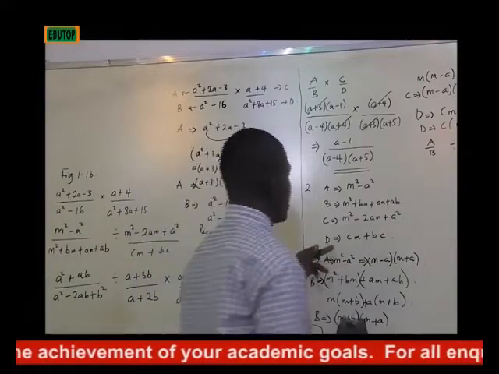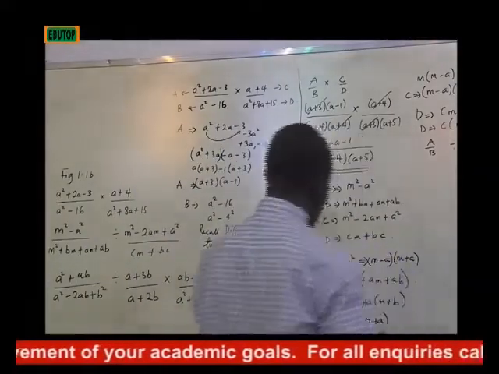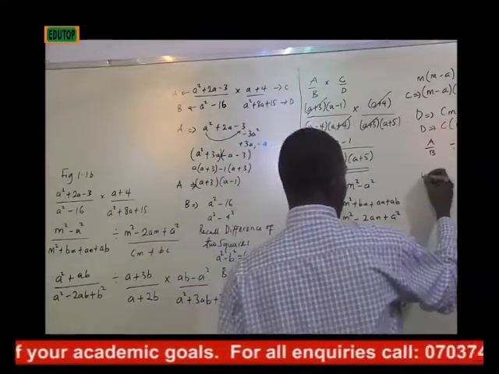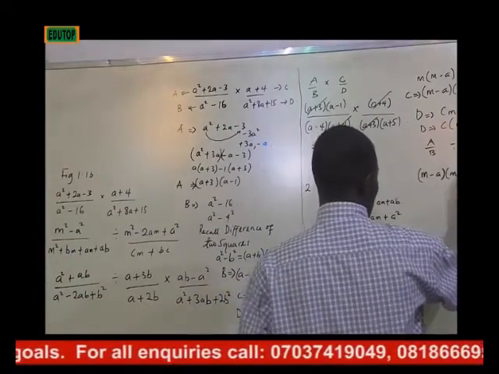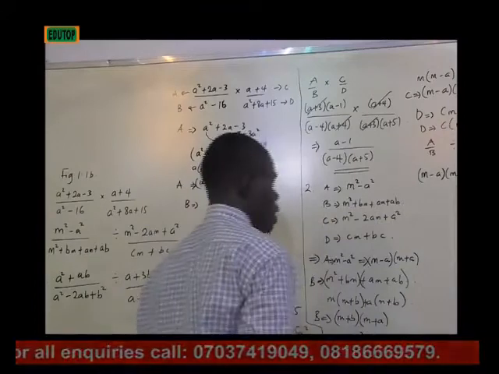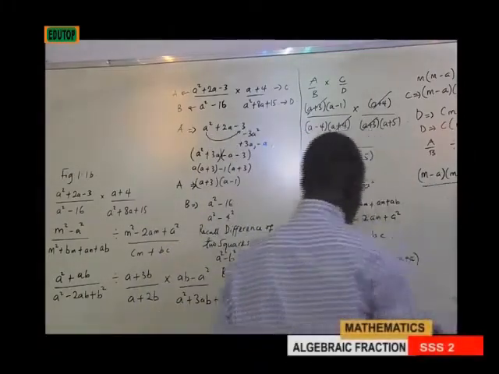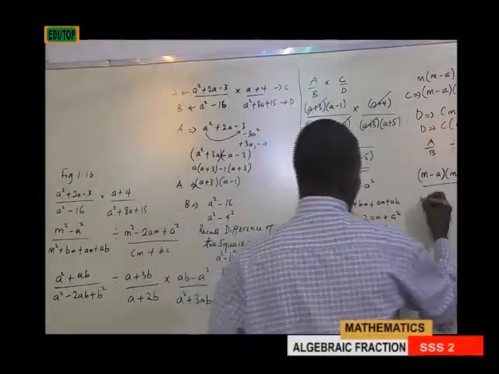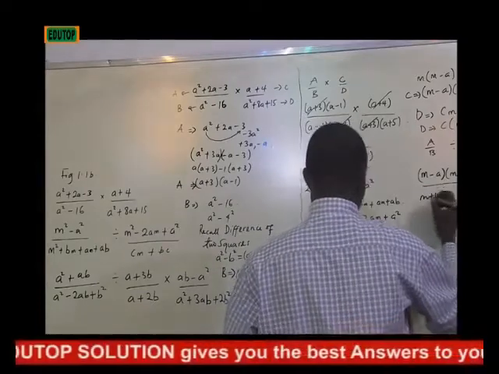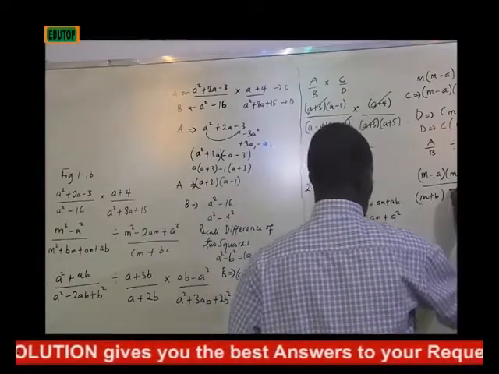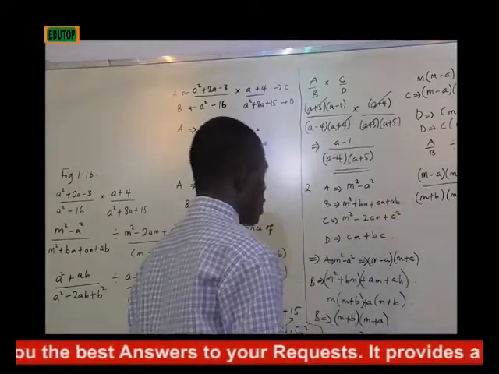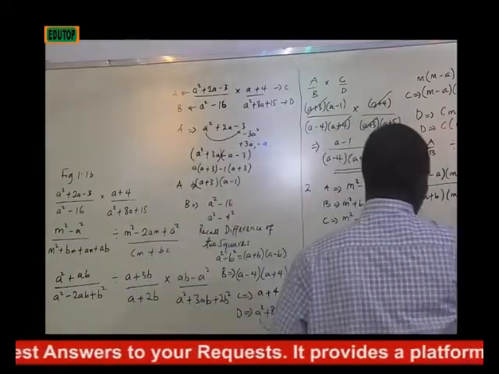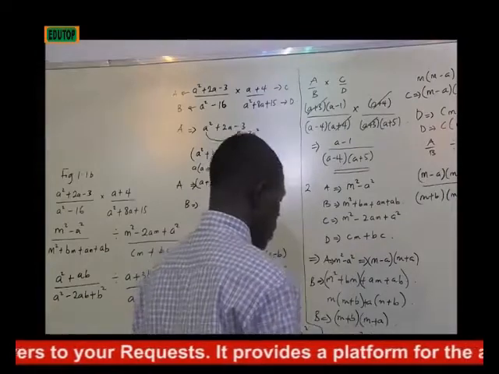Then, what is our A? Our A is m minus a into m plus a. Our B is, where is our B? m plus b into m plus a, divided by our C. Where is our C?